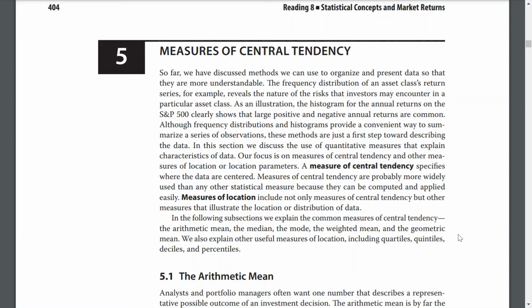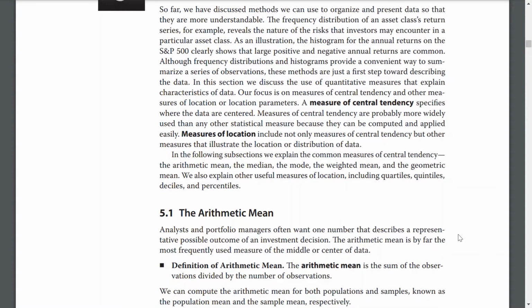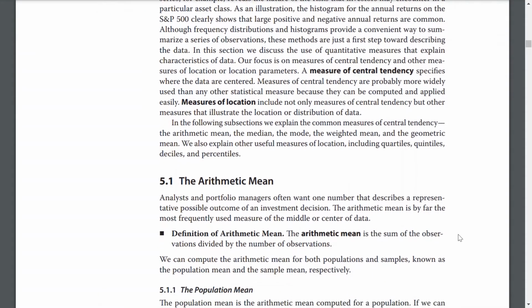Measures of location include not only measures of central tendency, but other measures that illustrate the location or distribution of data. In the following subsections, we explain the common measures of central tendency: the arithmetic mean, the median, the mode, the weighted mean, and the geometric mean. We also explain the usefulness of other measures of location, including quartiles, quintiles, deciles, and percentiles.